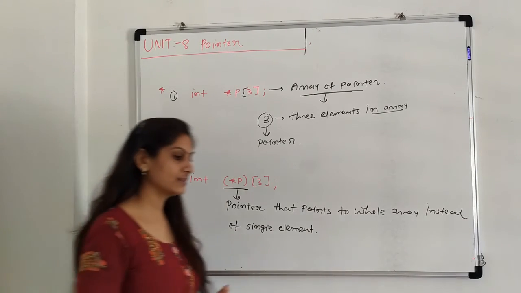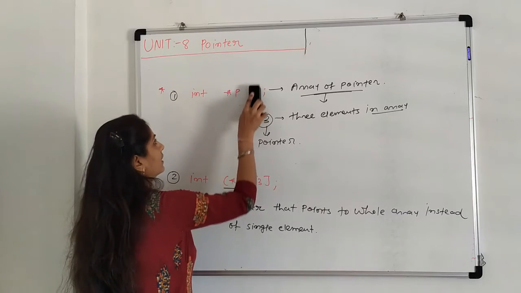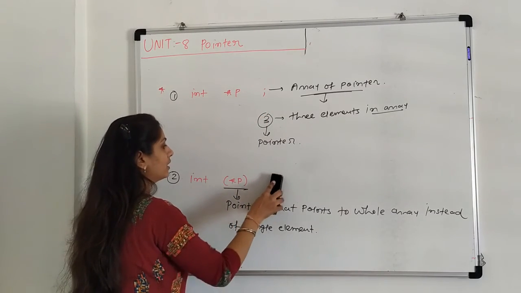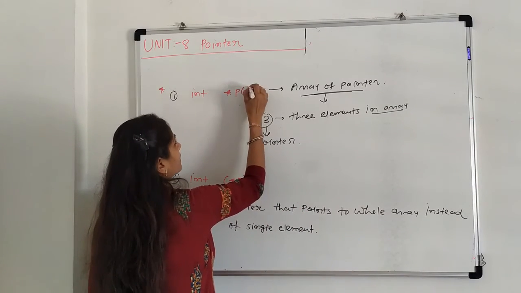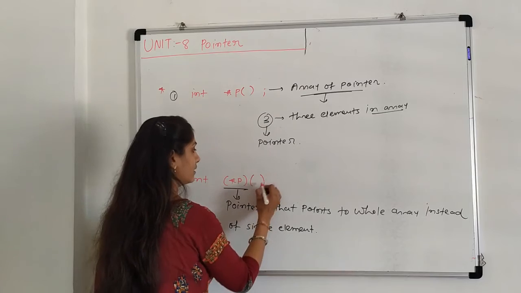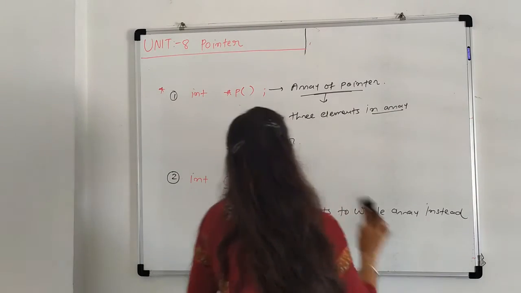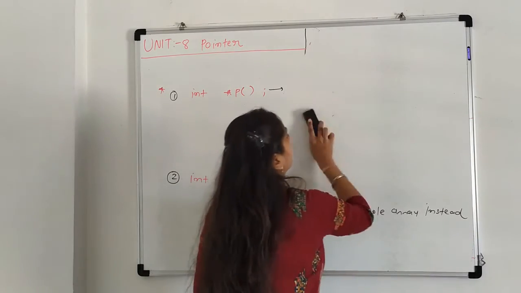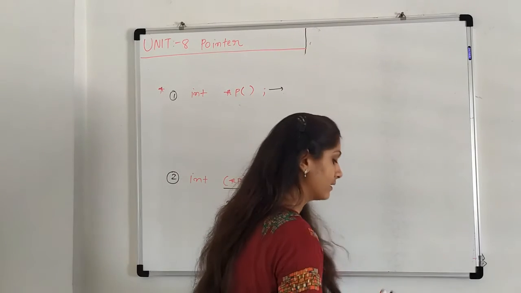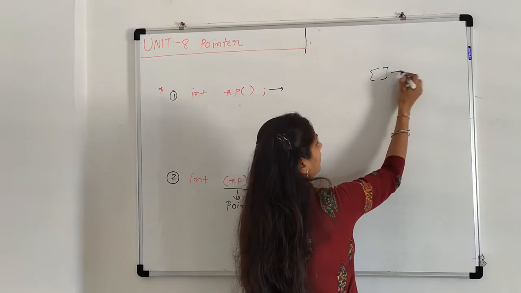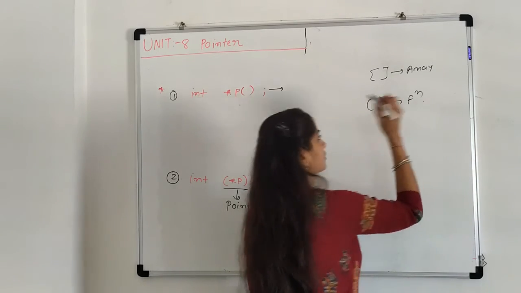Another example, same like this. Instead of the square bracket, now here the round bracket is given. Here the same round bracket. What is the difference between these two now? So the round bracket here indicates it is an array, and this bracket indicates it is a function.